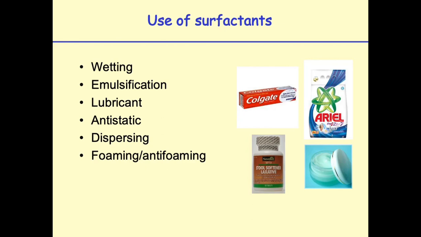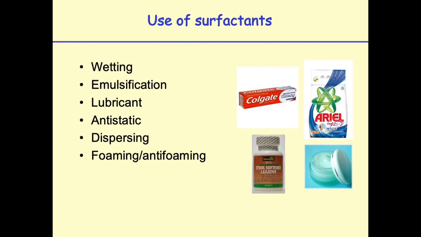You'll often hear them being used to help wetting the surface of particles, by helping a liquid wrap around and interact with that solid surface. They can also be used to improve emulsification by improving the interaction and the mixing between oil and water.